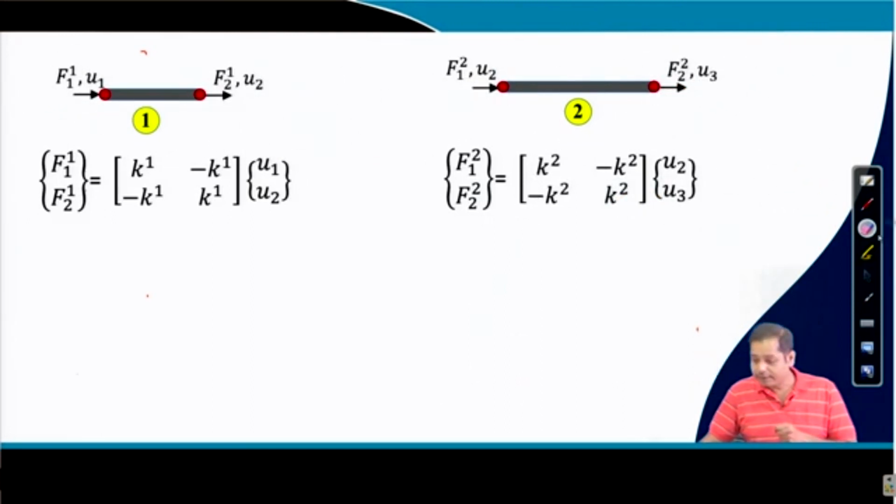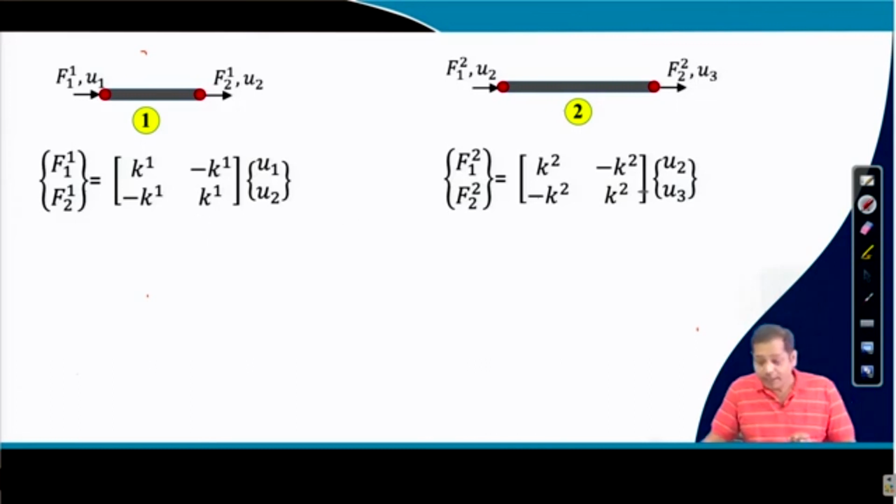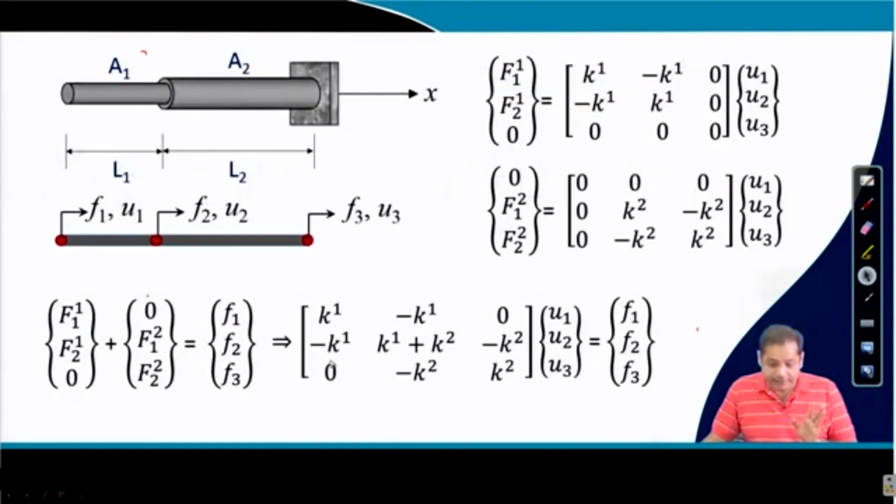And if you look at it, this is the stiffness matrix for each element. This stiffness matrix is symmetric. And after assembling, the stiffness matrix is also symmetric.